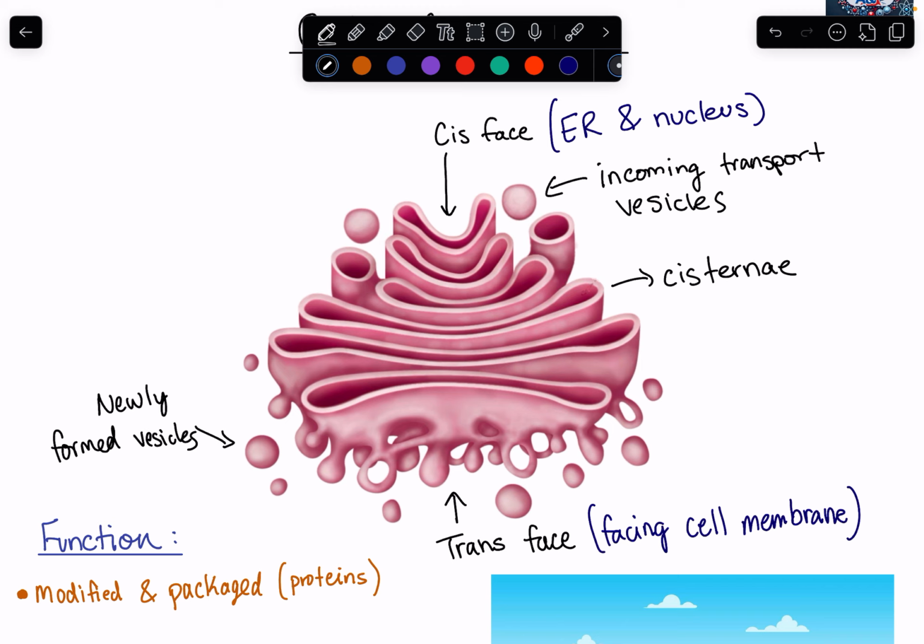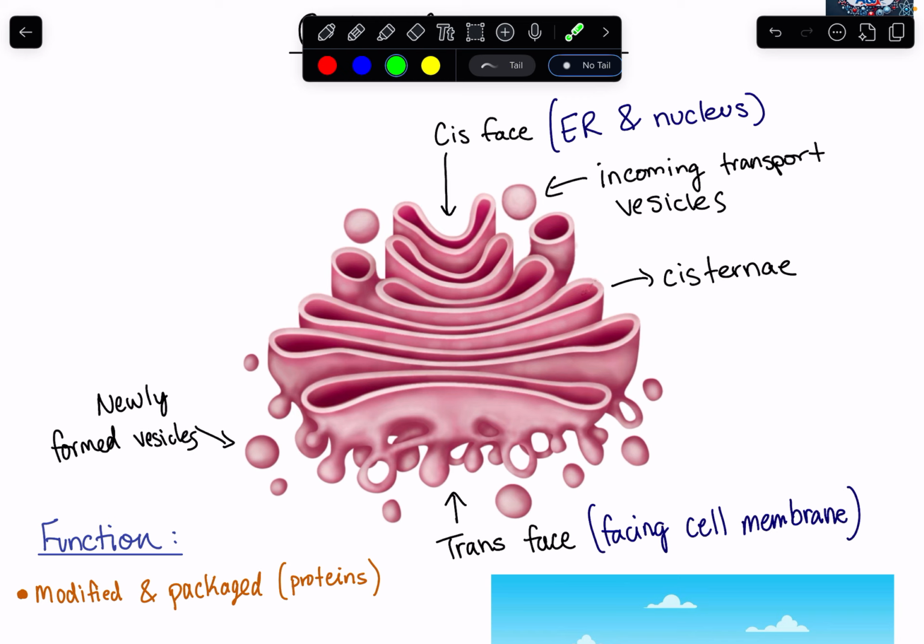So as we can visualize, we have the incoming transport vesicles that are coming to the cis side. They basically merge with the membrane of the cisternae, and they modify and they package these proteins in a different manner, the way that they are intended to be used for the cell's purpose or for whatever other purpose that may be needed outside of the cell.